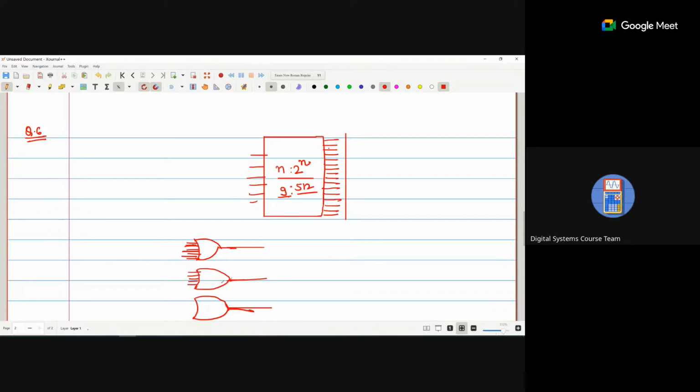Clear? And how many AND gates are there? To generate 512 combinations, we require 512 AND gates. That means the number of AND gates is 512, and with every AND gate we require 9 inputs.